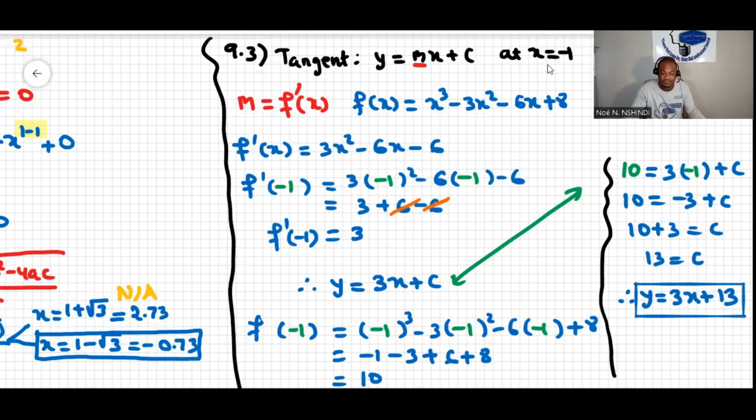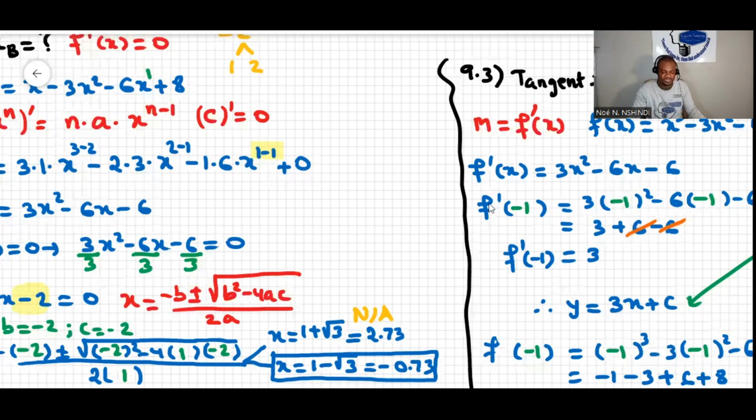I sub negative 1 in the function to find its corresponding y value, which is 10. Now I use 10 and negative 1 to find c. If I sub 10 for y and negative 1 for x here, I get the value of c. Therefore, the tangent line, which is the straight line, is 3x plus 13.